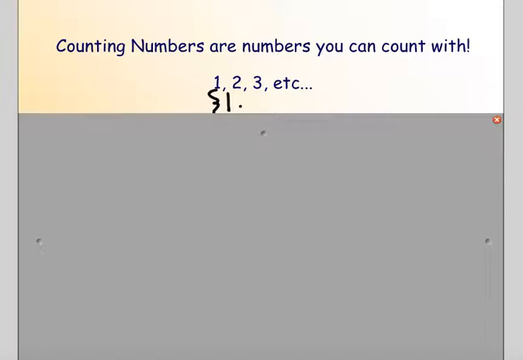I start with 1, 2, 3, and 4. And we show it with dot, dot, dot on the positive side, and end with a curly brace. This shows us that we start with 1 and nothing earlier, but we continue to positive infinity. Those are my counting numbers.